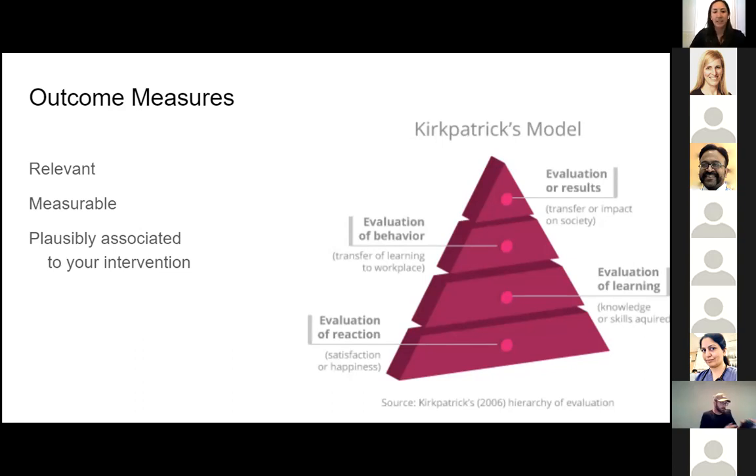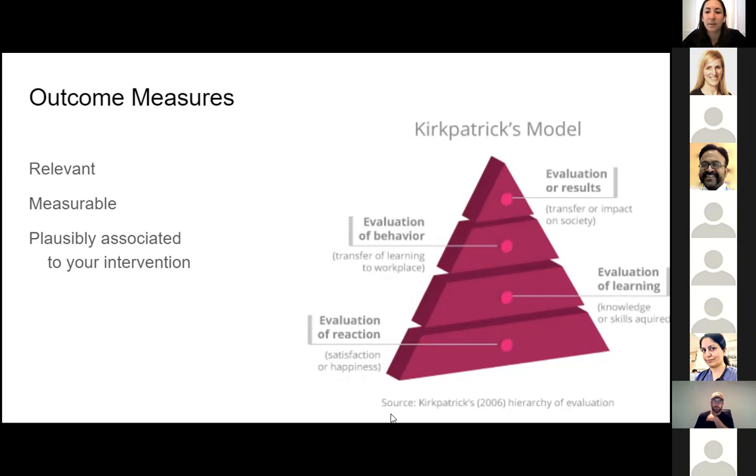When you're designing a study, it's what are my outcome measures, and everything should come from that. Your outcome measures should be relevant, measurable, and associated with the intervention you're making. Sometimes it's easy to say, this study would be so cool, I want to do this particular kind of simulation, and then we squeeze in our outcome measures to fit the study design. But really the outcome measures should come first and your study design should come afterwards.